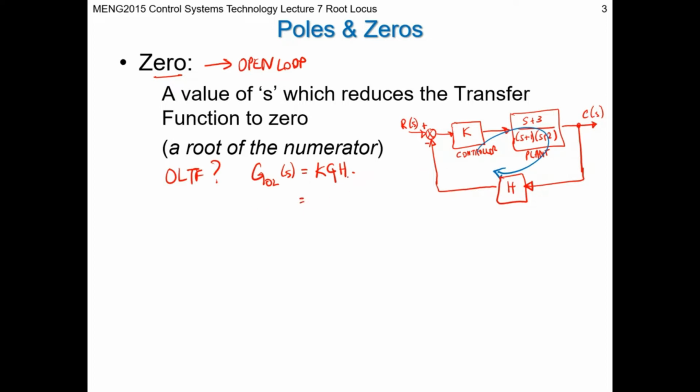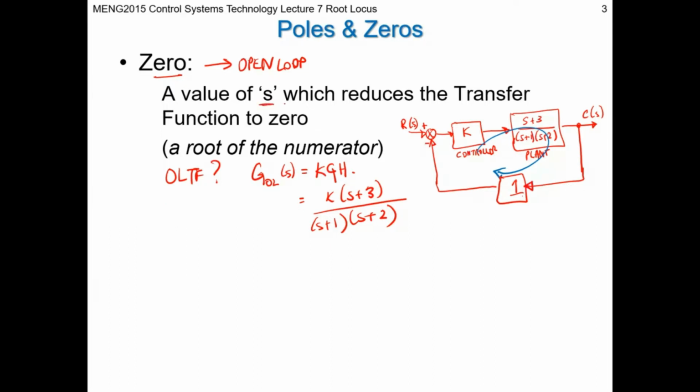In this case, H is 1, so we don't have to worry about that. So it's going to be K times (S plus 3) over (S plus 1) times (S plus 2).